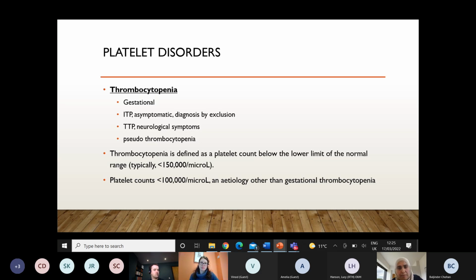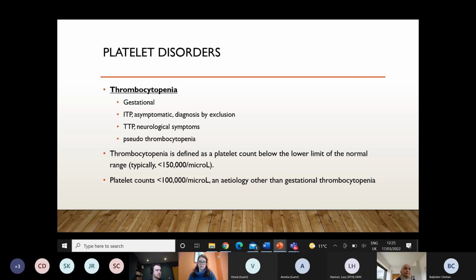Some people think that because it's autoimmune, testing for antibodies may help, but the literature says the contrary. Testing for antibodies is not required for the diagnosis because they are not present in all people with ITP, and can be intermittent, positive sometimes and negative on other occasions. So the diagnosis is by exclusion and by previous history of thrombocytopenia as well.